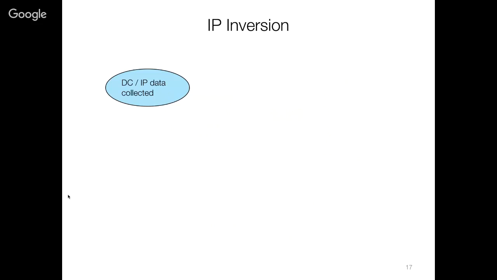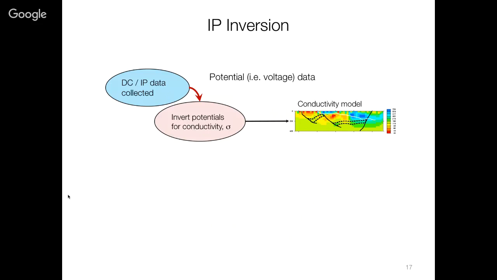So again, you've got to invert the data, but now inverting IP data is a two-step process, because remember, I said the chargeability was a perturbation of conductivity. So here's how we do it. We go out, we collect the DC and IP data together. And now we do what we ordinarily do and invert the potentials to get our conductivity model.